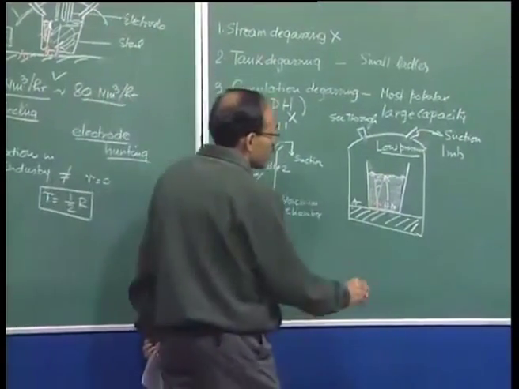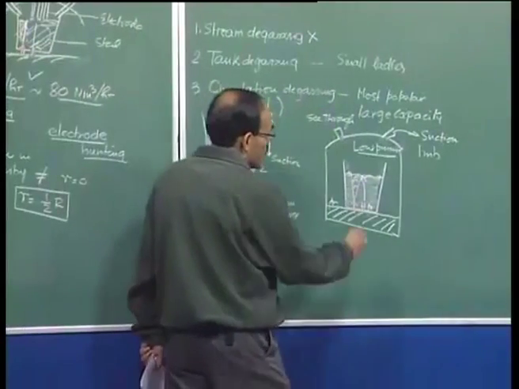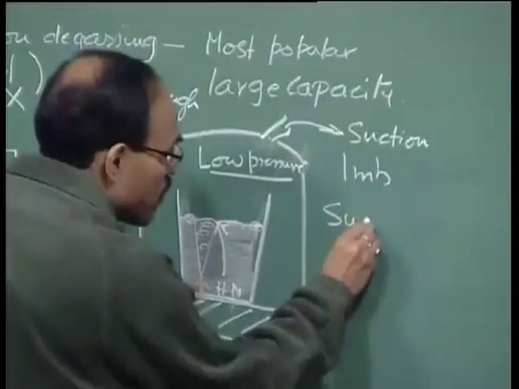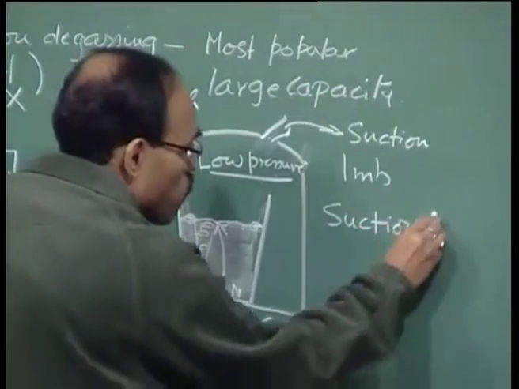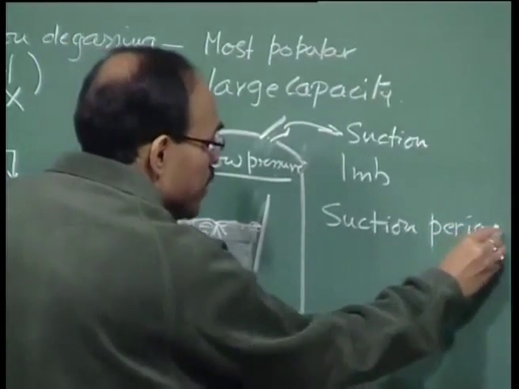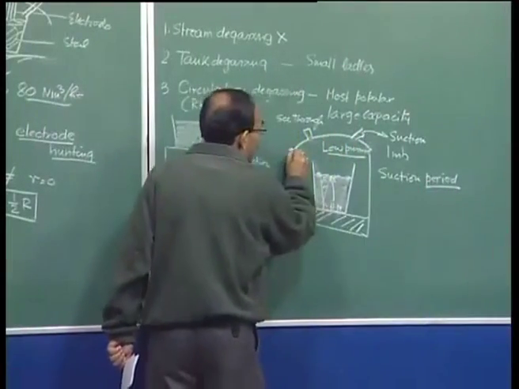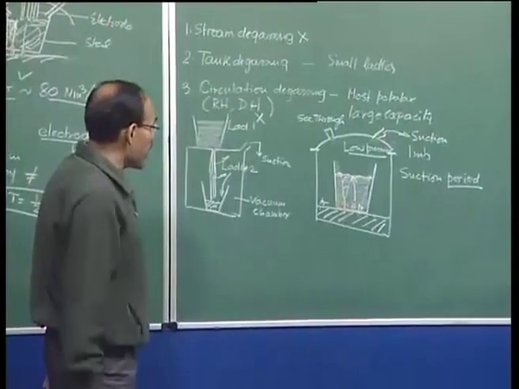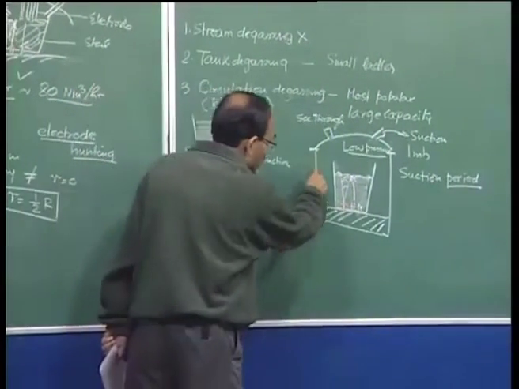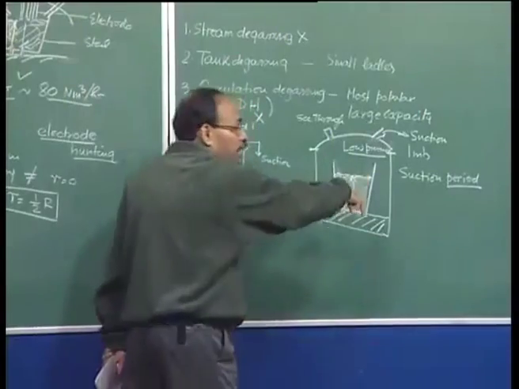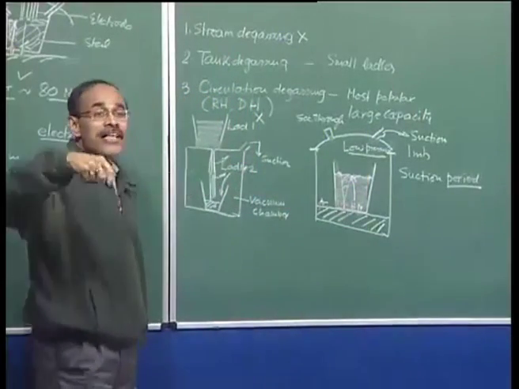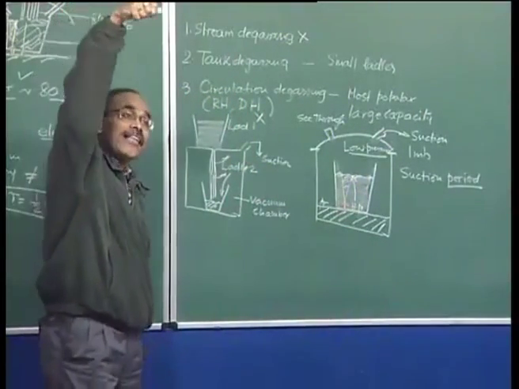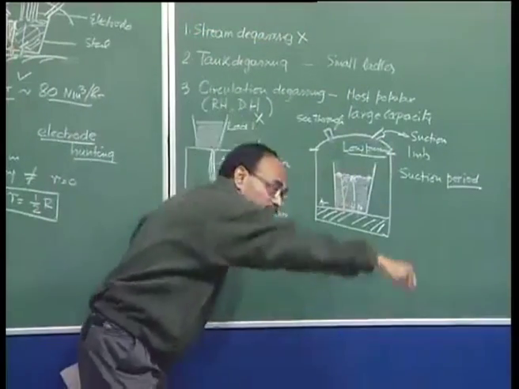Now there we can have initially what is known as a suction period. So basically we have this tank which is there in the degassing area. Within this tank, this particular ladle which contains the metal is lifted with an overhead crane, and then it is brought and kept inside the tank.